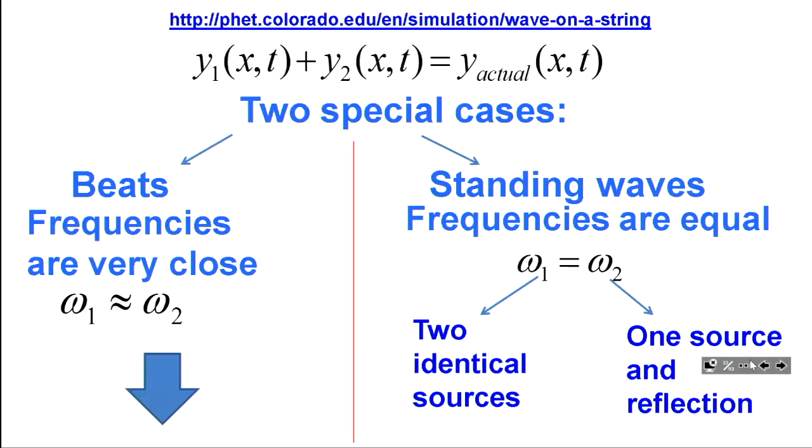So turn down the amplitude, turn on the second one. Well, actually, I want them to be equal to each other first. 319. Okay.